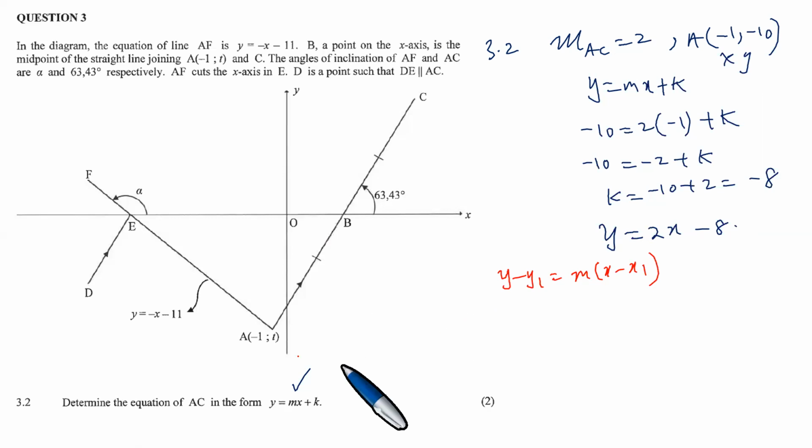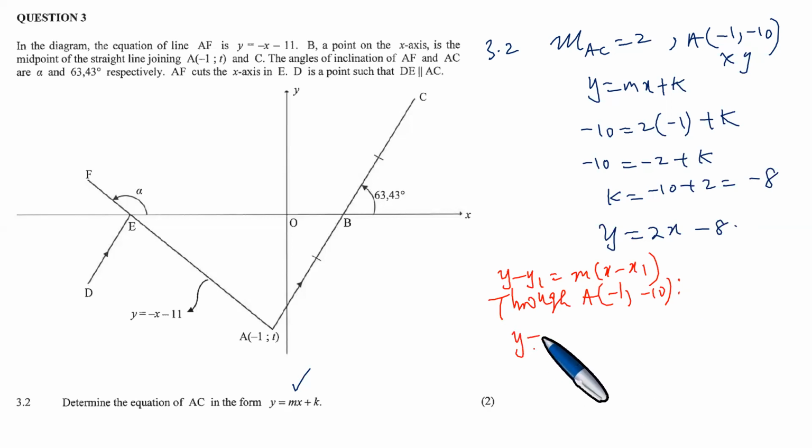But we agree that the line AC passes through a point whose coordinates we know fully. What is the point? It passes through A.